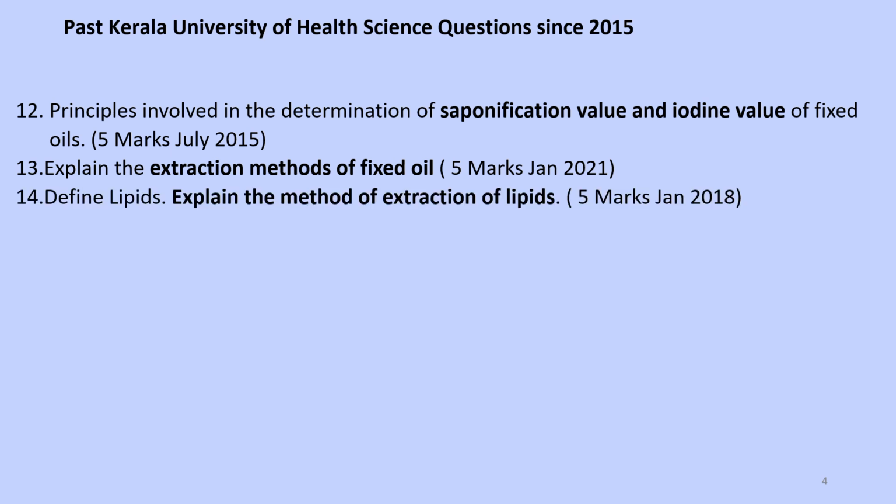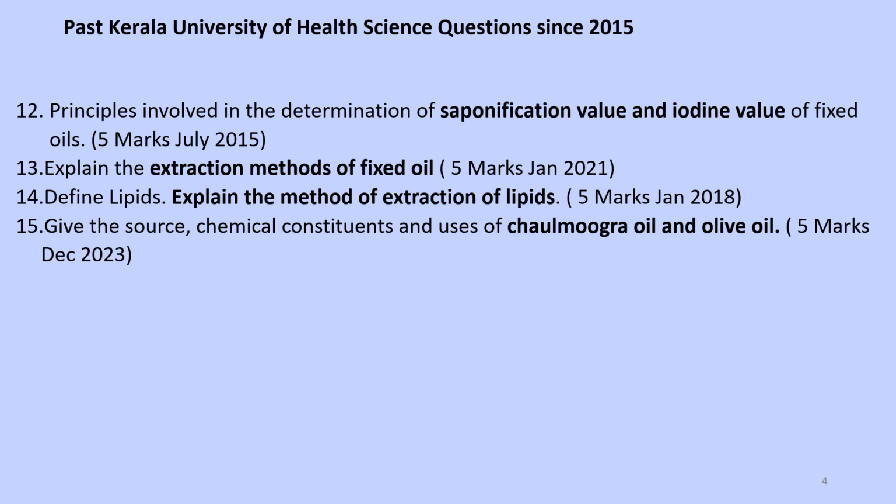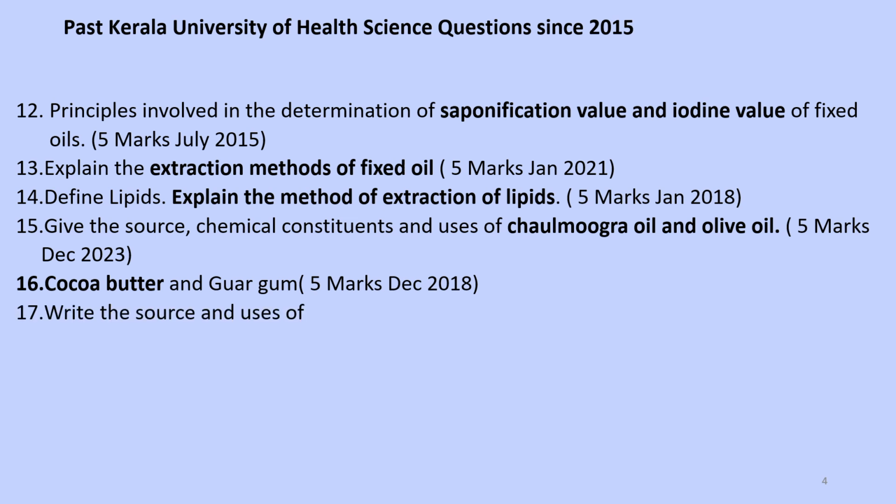Define lipids, give examples, or explain the methods of extraction of lipids in 2018. Give the source, chemical constituents and uses of chaulmoogra oil and olive oil, a 5 mark question they asked in December 2023. Cocoa butter separately they asked in 2018.